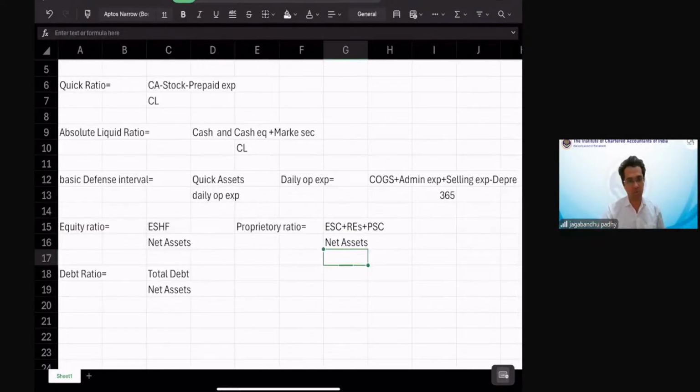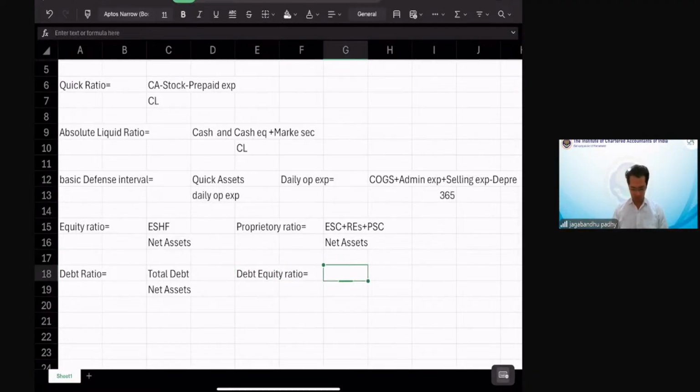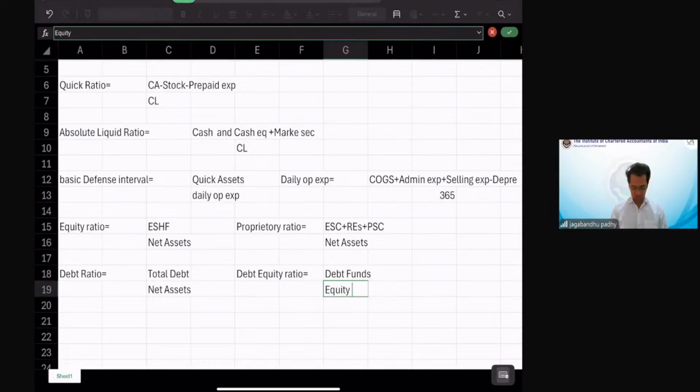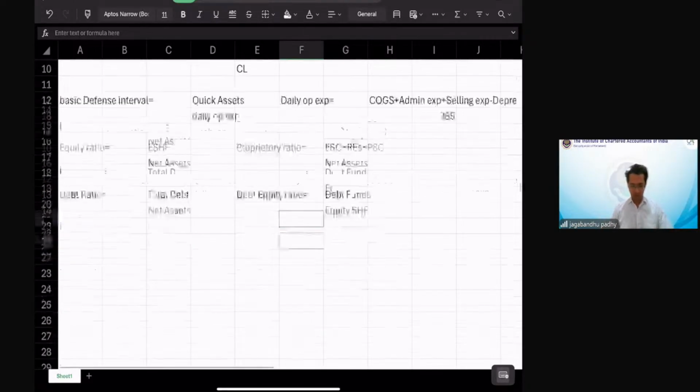That's your proprietary ratio. Then we have another ratio called debt equity ratio. Debt equity ratio was debt funds upon equity shareholders' funds, right? After that, we have also seen one more important ratio called the capital gearing ratio.